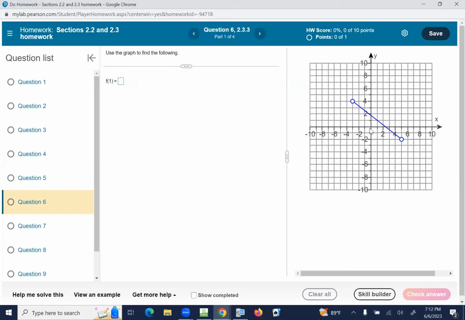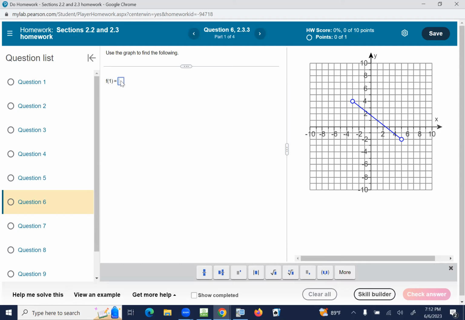So let's see. I'm going to go right 1. And y'all look at that. If I go straight up, I hit the line at a y value of 1. Are y'all with me on that? All right, so we're good on that one.